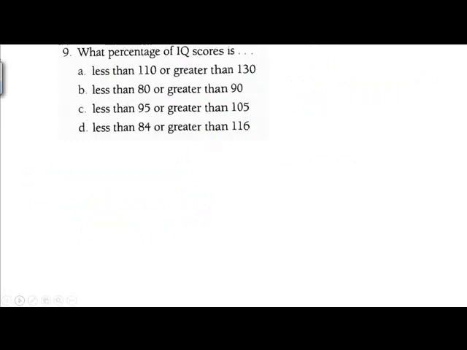Here we go, last one. What percentage of IQ scores is less than 110 or greater than 130? Let's not forget mu equals 100, sigma equals 16. Okay. How do we do this? Well, we're actually looking for two percentages, the less than percentage and the greater than percentage. So let's draw our normal curve. Actually, let's do a much bigger one, that way we can really take a look at this.